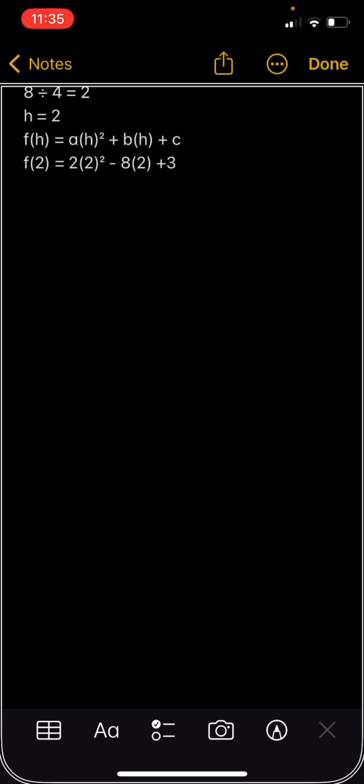So what we have on the screen here is f of 2 is equal to 2 times 2 squared minus 8 times 2 plus 3.